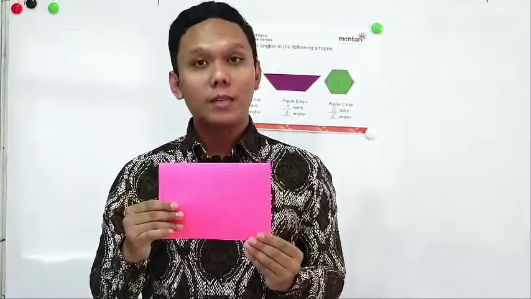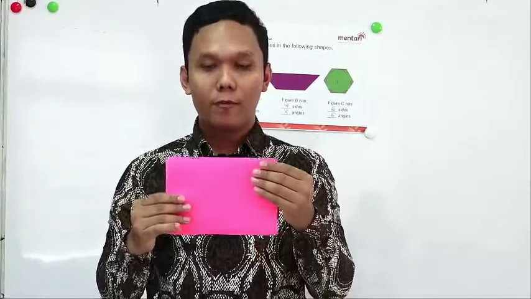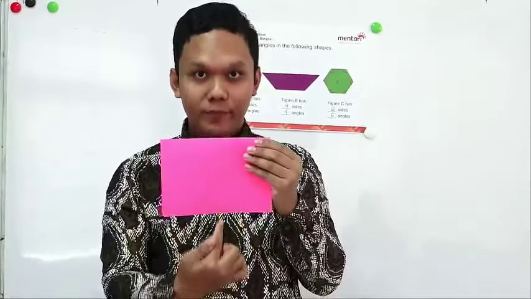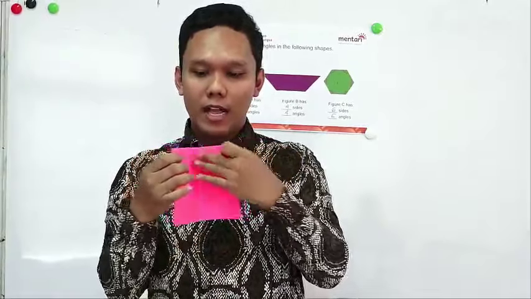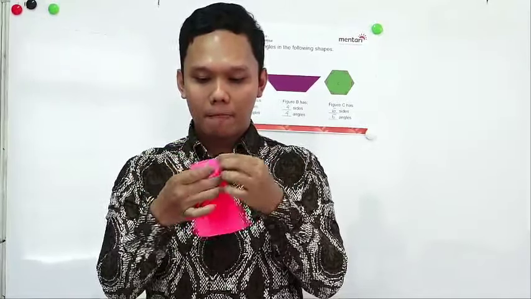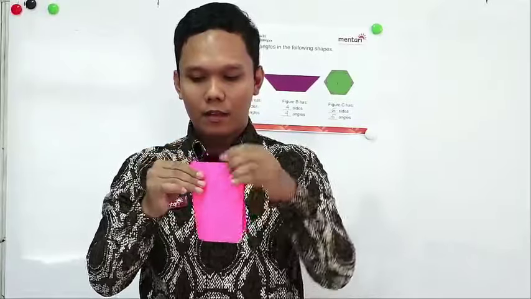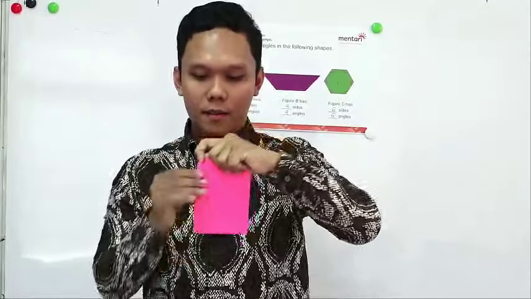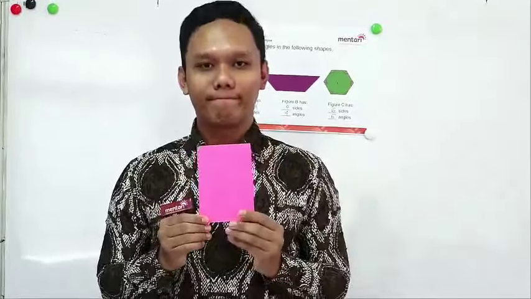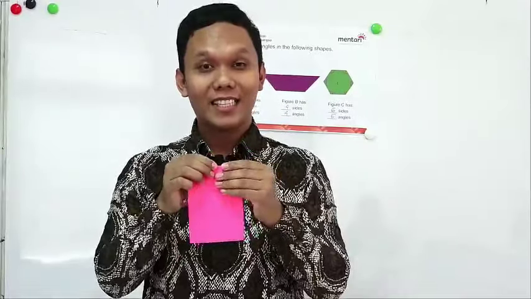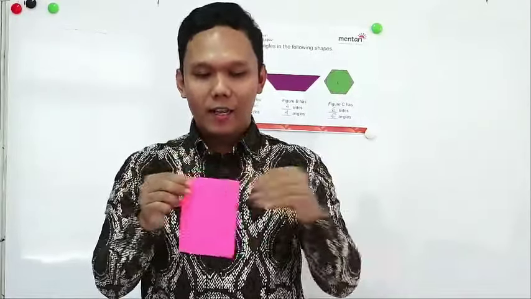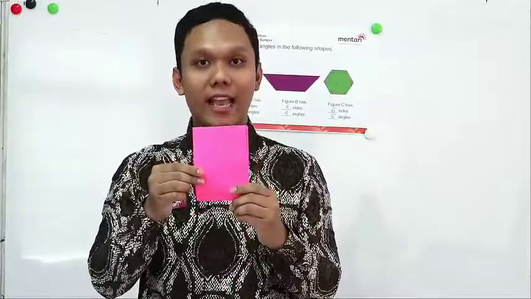And then fold the paper again vertically, yeah? All right? Fold again until you get the paper like this. All right? Is it easy? And we have a right angle.